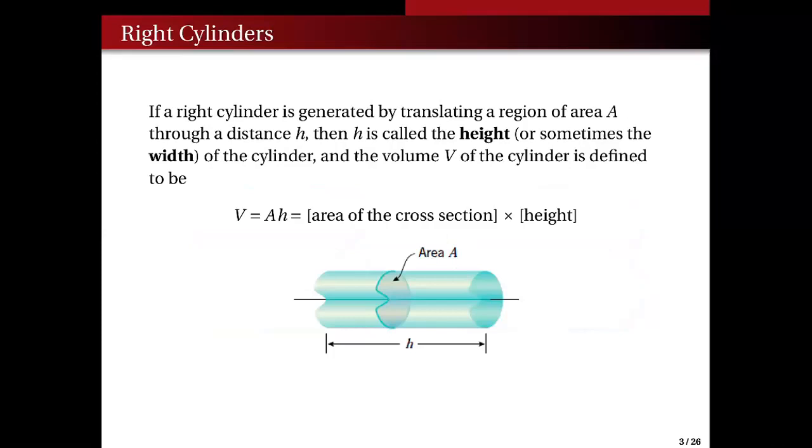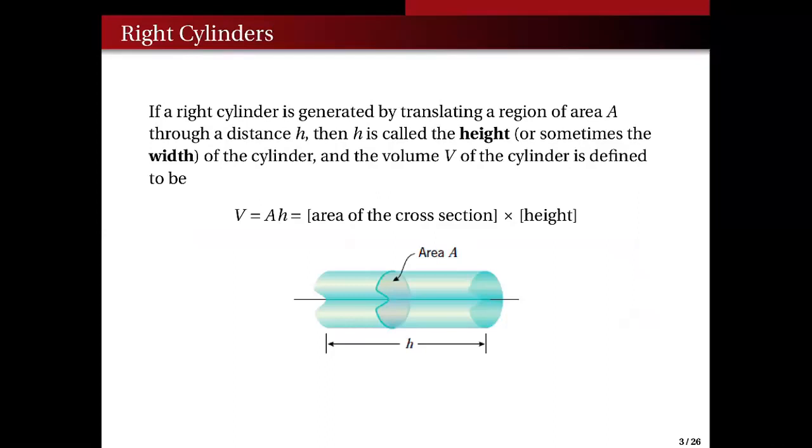Okay, so if a right cylinder is generated by translating a region of area A through a distance h, then we call h the height of the cylinder, or sometimes we call it the width. And then the volume of the cylinder generated is defined to be the area of the region that you have multiplied to h.